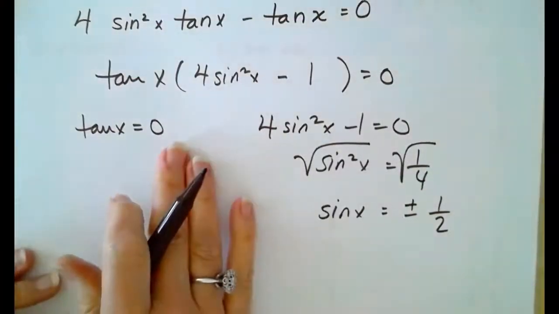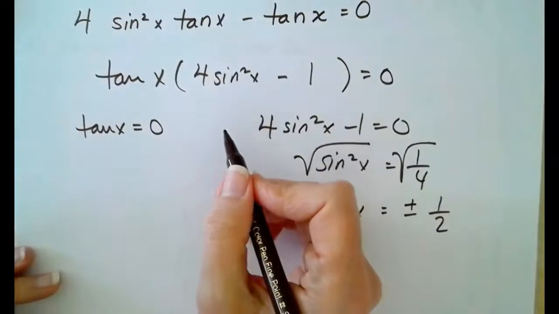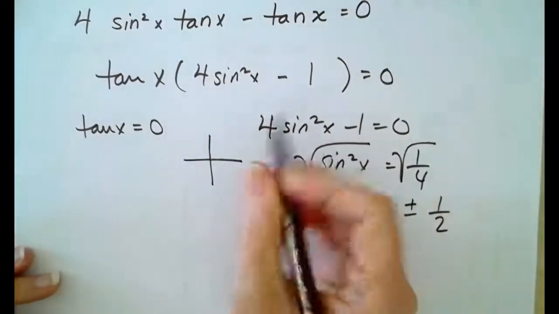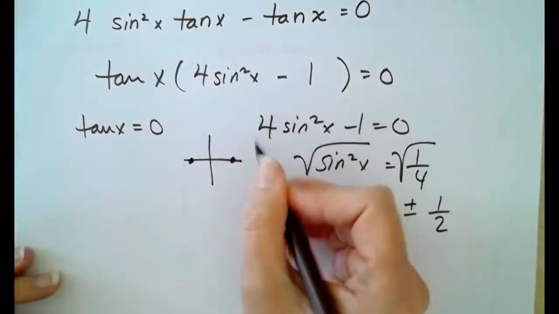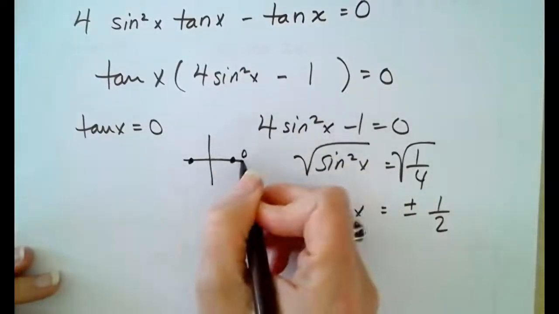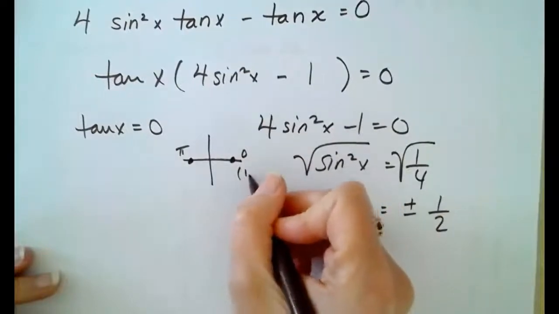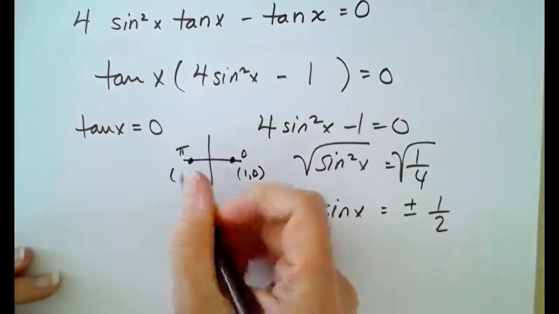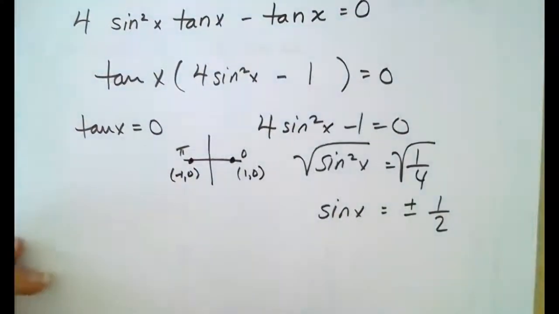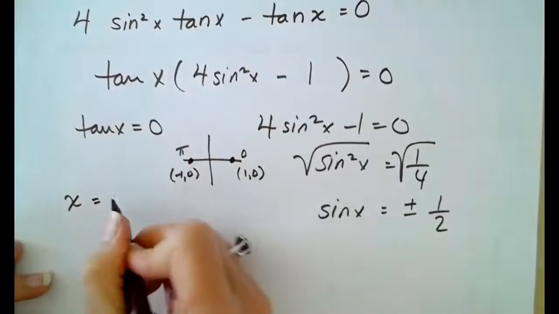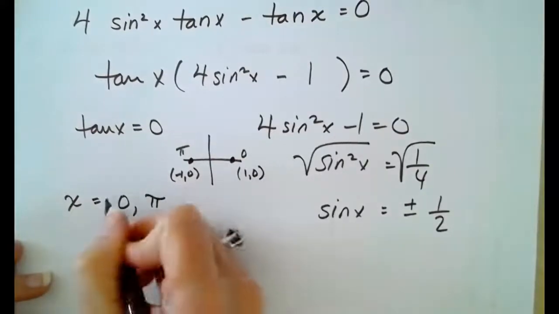First of all, where does the tangent equal 0? Of course, the tangent is equal to y over x. So the tangent is going to be 0 at 0 and also at pi. The coordinates at 0 are 1, 0, and the coordinates at pi are -1, 0. So specific solutions first are going to be 0 and pi.